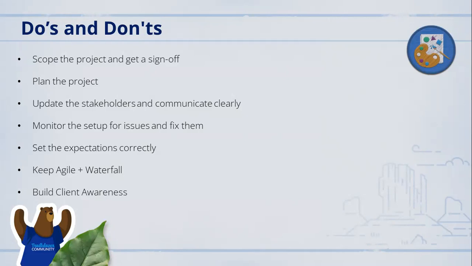If there are delays as well, it's ideal to communicate them early, rather than reach a stage of escalations. Monitor the overall setup for issues and go on fixing them as a part of the implementation integration, as well as set the expectations correctly.